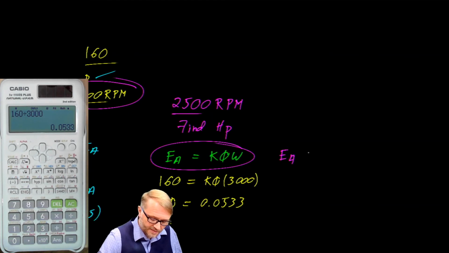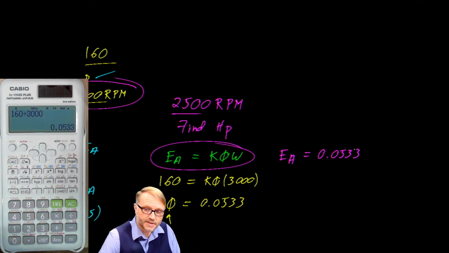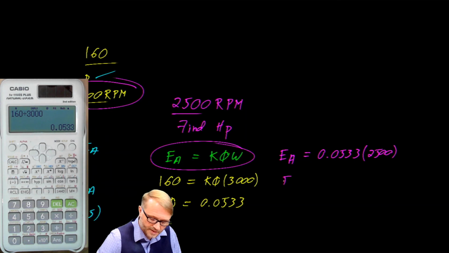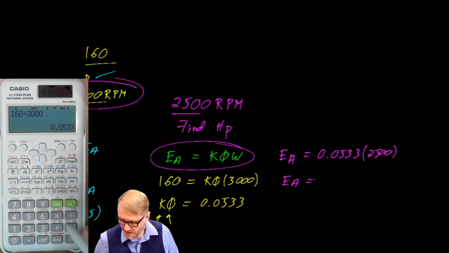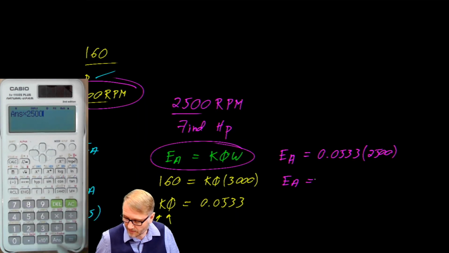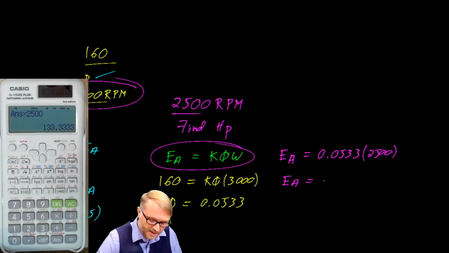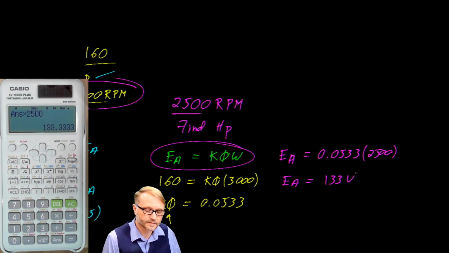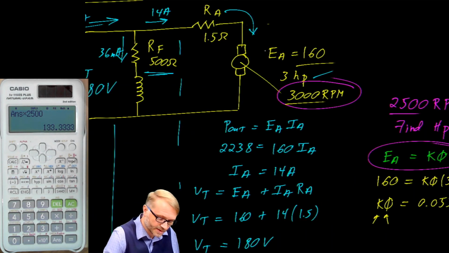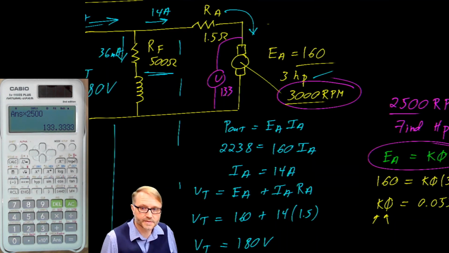Our back EMF is K phi, which is 0.0533 by the new velocity of the motor, which is 2,500 RPM. So our back EMF is now 133 volts. Okay, so that's simple enough. Our back EMF, which is measured right here, is now 133 volts.